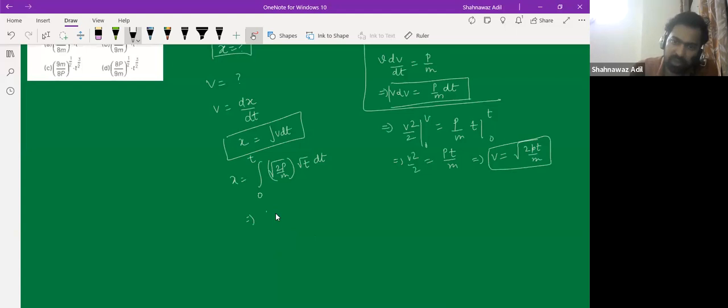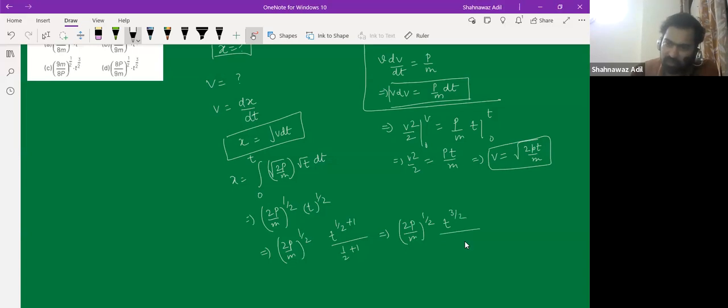So this is 2p by m power half, and then you have t power half. So what would this be? This is 2p by m power half, and then t power half plus 1 over half plus 1. So how much is this? So you have 2p by m power half, t power 3 by 2, and then divided by 3 by 2.